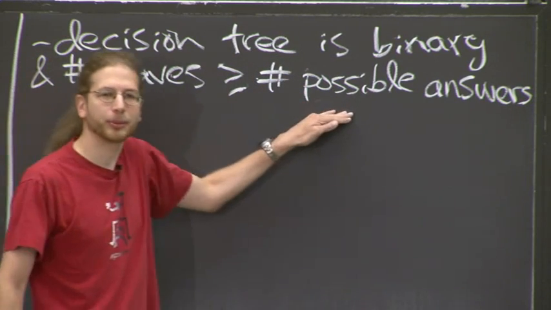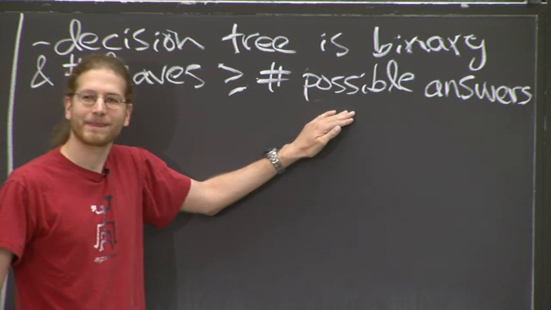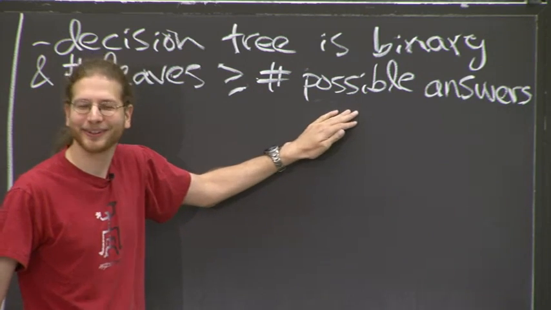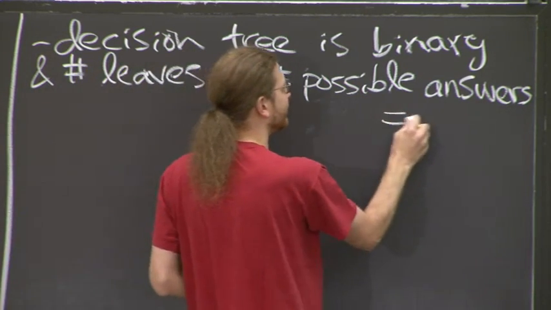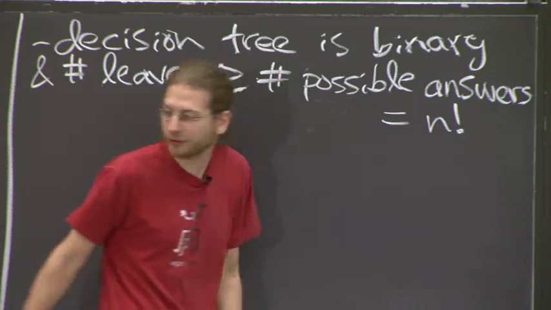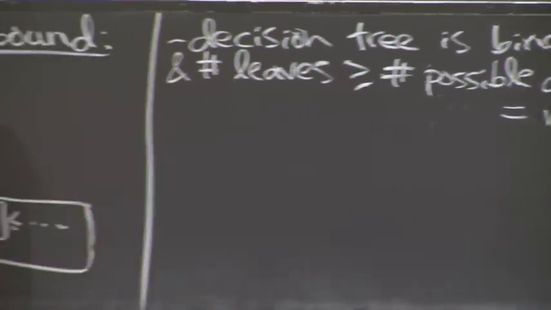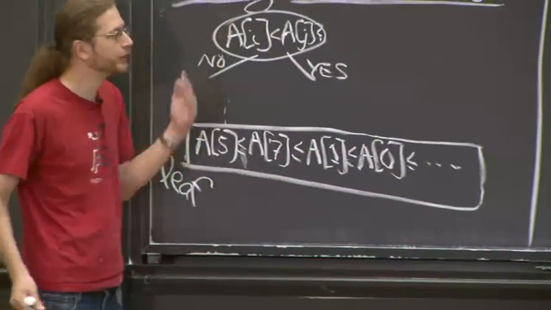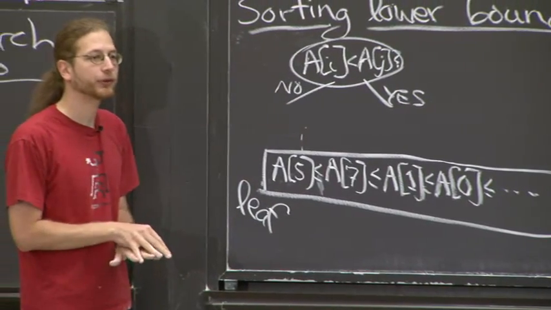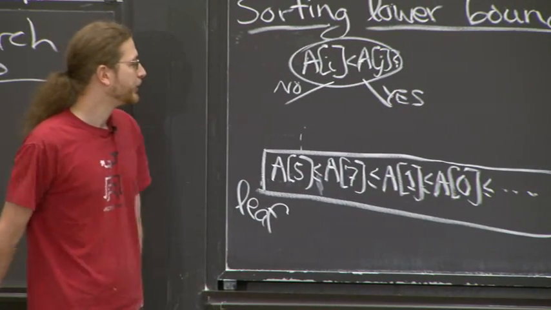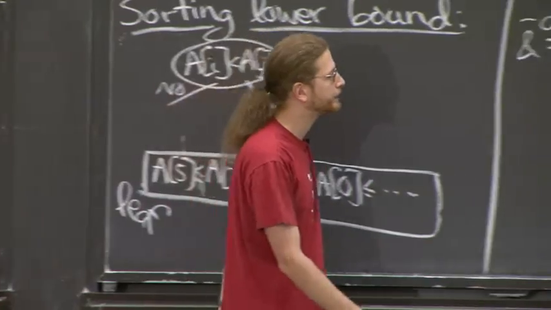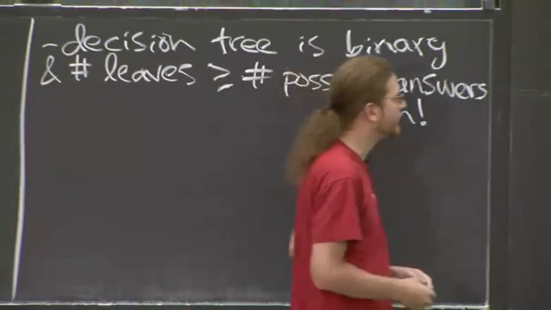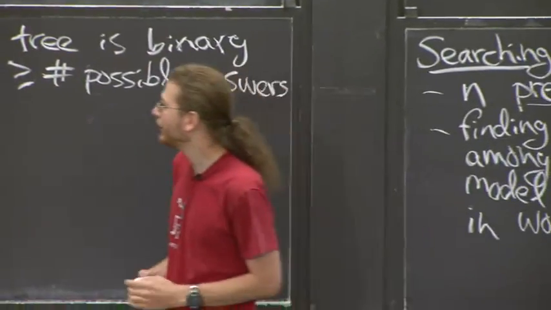And how many possible answers are there? N factorial, the number of permutations. This is a permutation of the input sequence. And if all the items that you're given are distinct, there will be n factorial permutations of them. So that's the worst case. So n factorial.